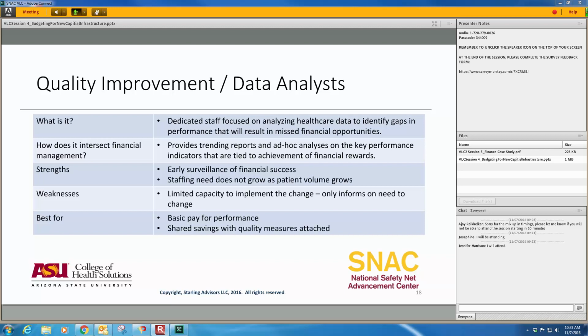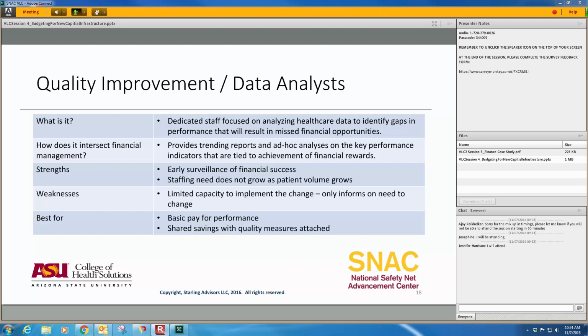Quality improvement, I think, again, we're fairly familiar with. This is a broad approach to analyzing data across the population, providing trending reports and ad hoc analyses, understanding where we stand as a total population against the contracted measures in our contracts.